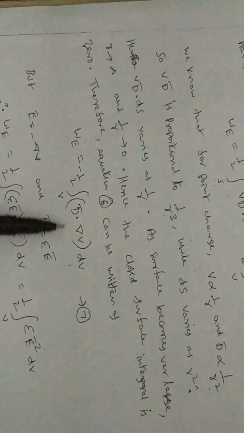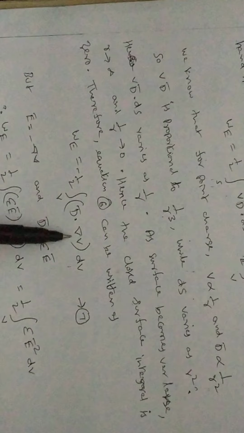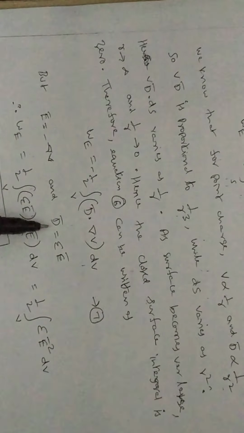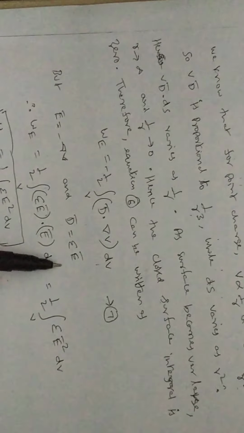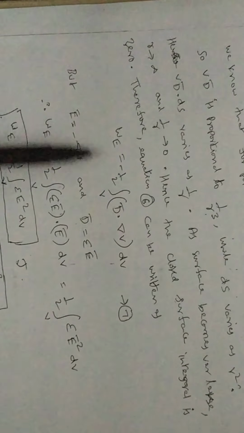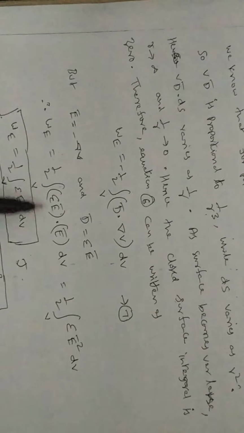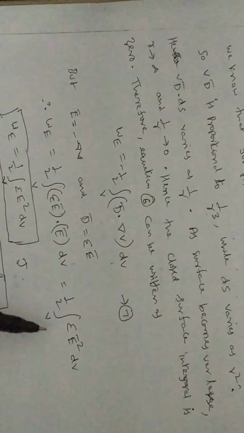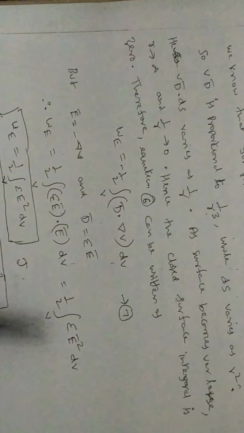Then again we know E bar is equal to minus del V, D is equal to epsilon E. So this del V is replaced with minus E, and D bar is replaced with epsilon E bar. Therefore W is equal to 1 by 2 integration, the minus will get cancelled. Finally W is equal to 1 by 2 volume integration of epsilon E square into dv.